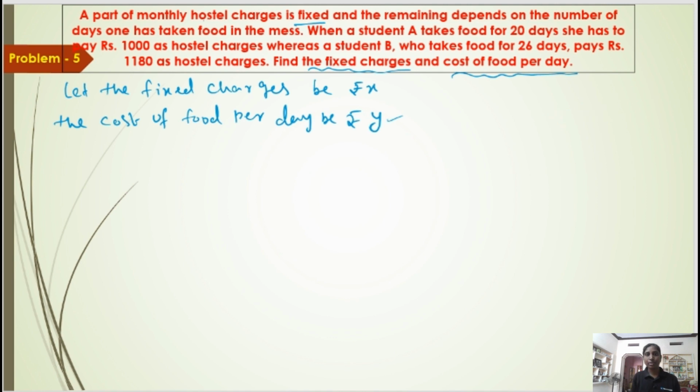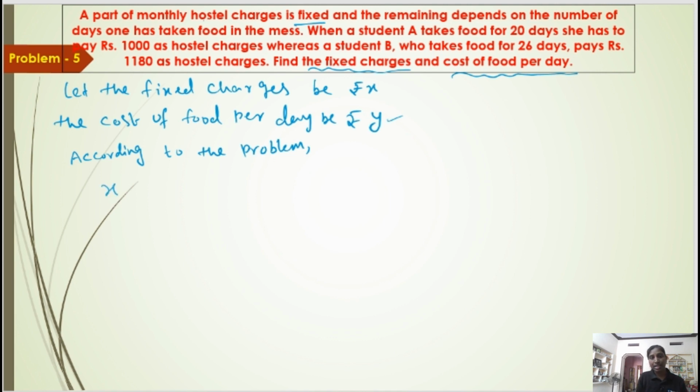According to the problem, for student A we will form a linear equation.